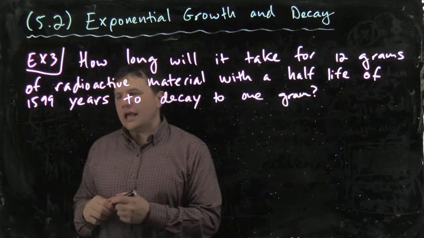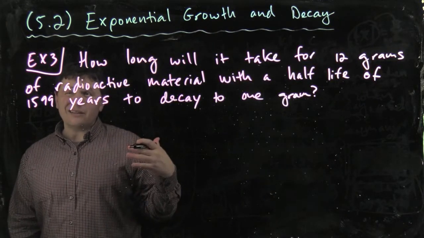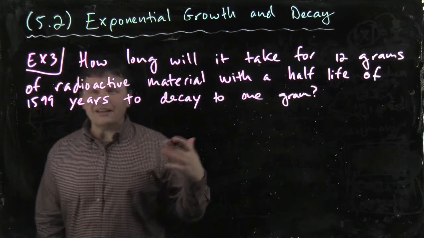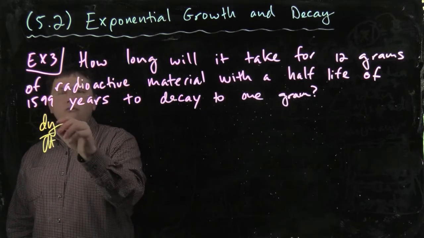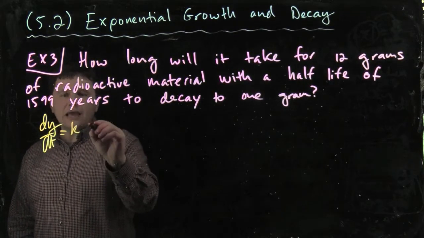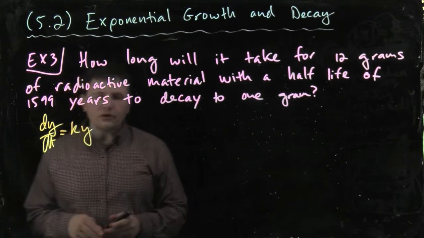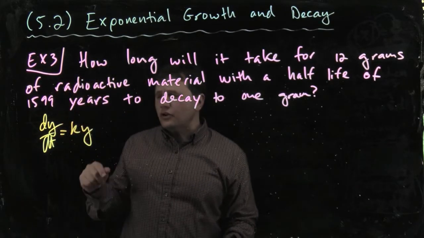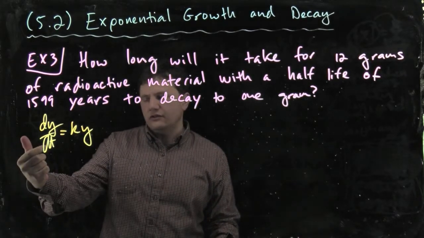So for radioactive decay, or any time we have exponential decay instead of growth, you're still dealing with the rate of change of y being k times y, the amount of material you have. So you still have this differential equation. It's just that k is going to be negative because the rate of growth is negative.